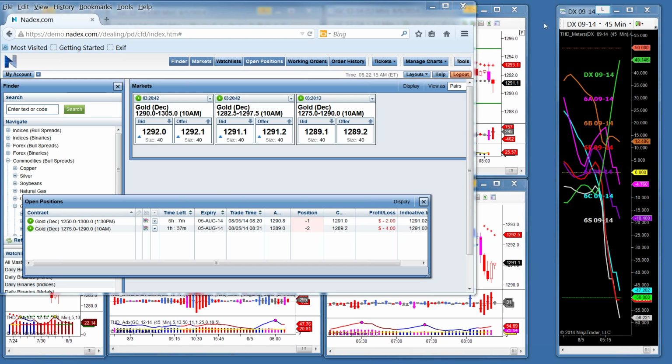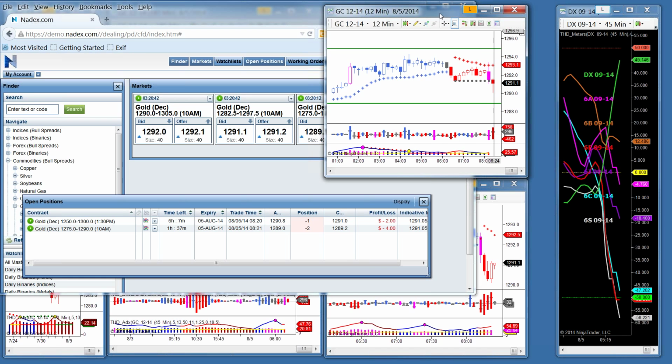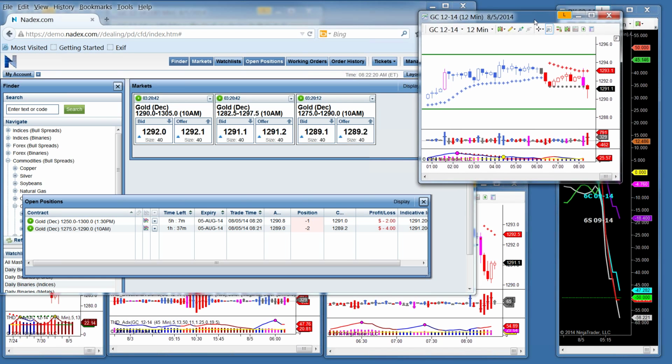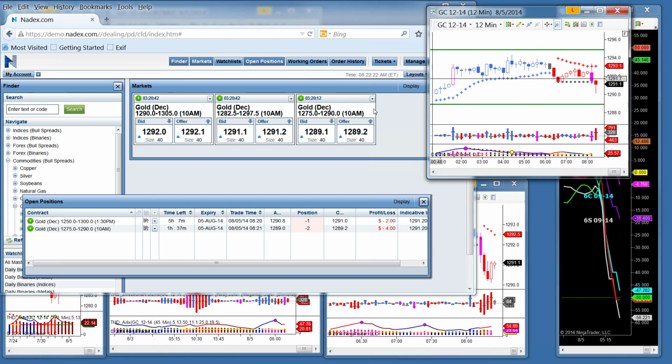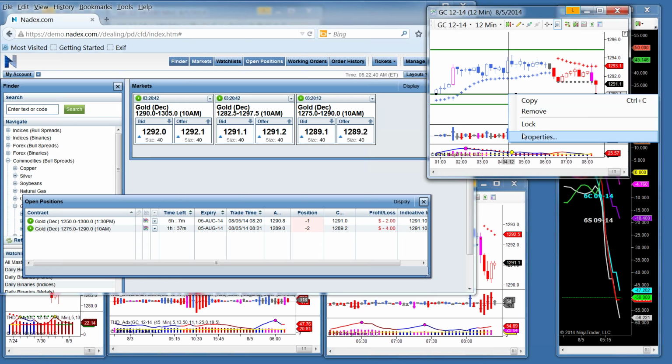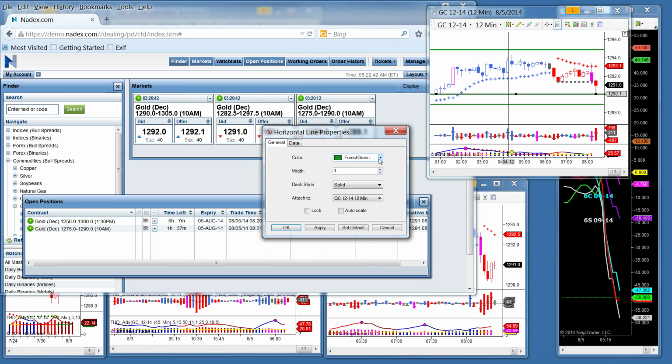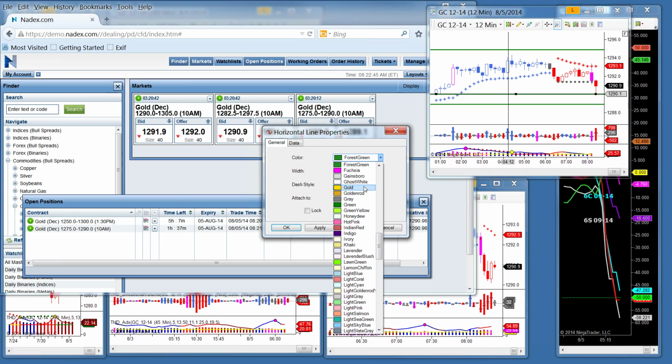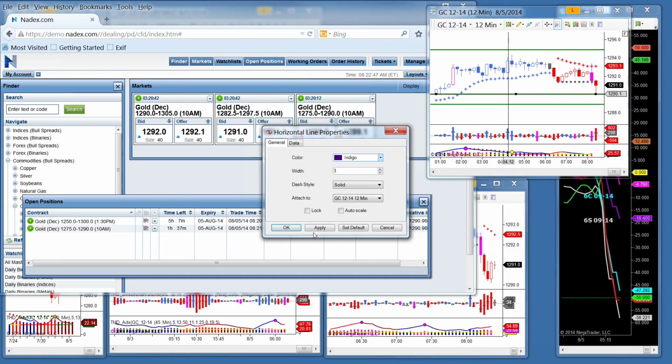Alright, this is the way it works. And for this one, I'm going to put the lines in a different color. We did $12.90, okay? So I'm going to put a line here at $12.90. I'm going to have to change the color. Properties. We'll make it indigo.